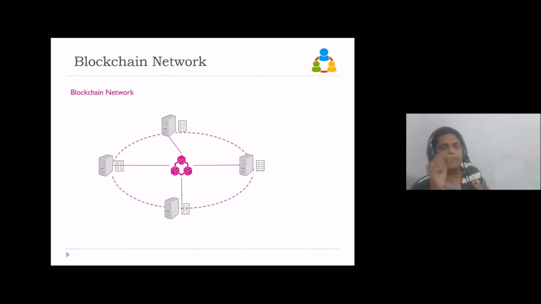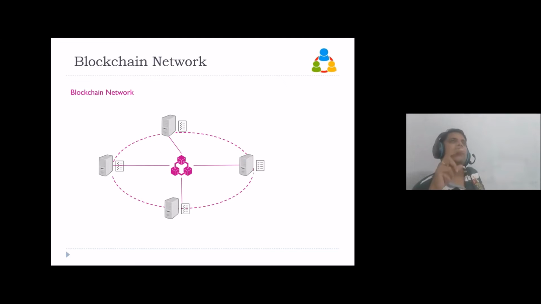All that information is written in what we call the ledger in banking terms. Similarly, in a blockchain network, the information written onto the network is called a transaction.